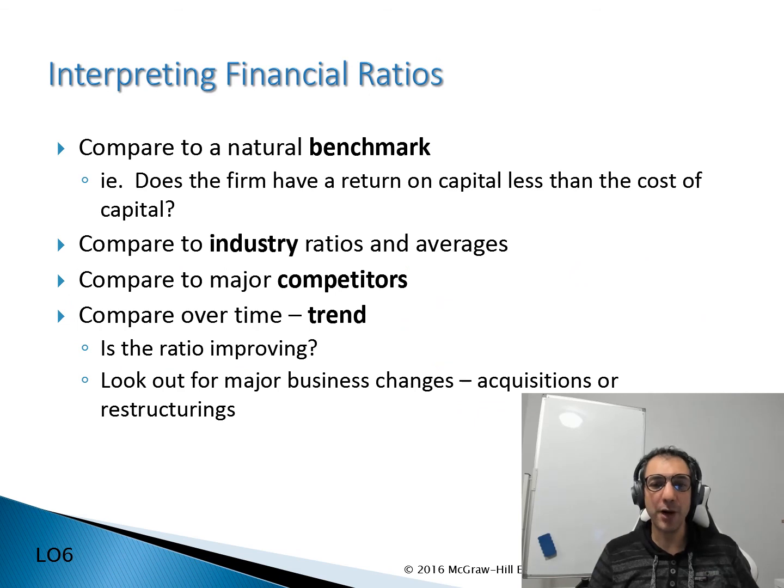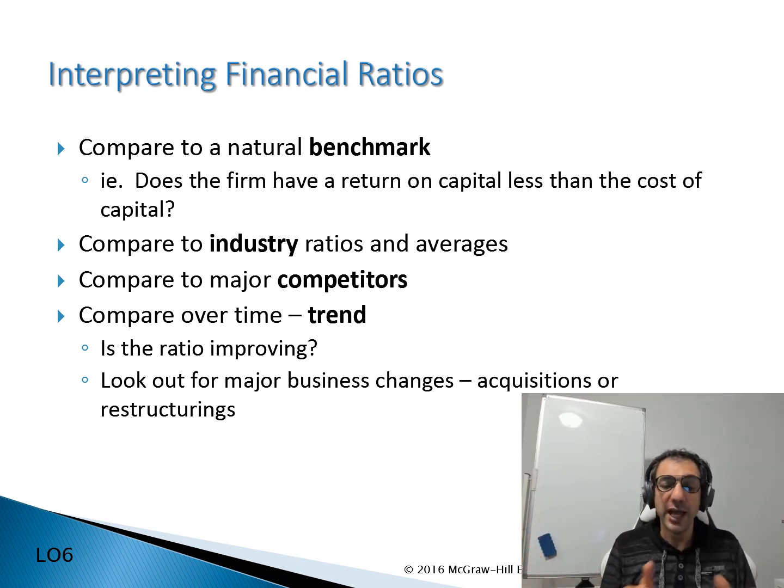So let me wrap up this lesson. Remember that just looking at these three different analyses, trend analysis, common size analysis, and financial ratios analysis, is not good enough. It's always better to have a benchmark. This benchmark might be industry or a similar company you can compare with.